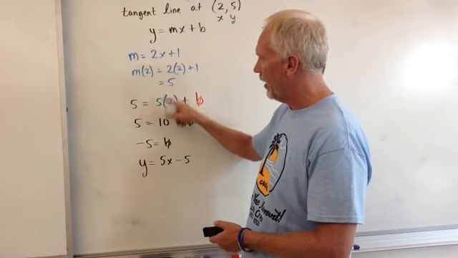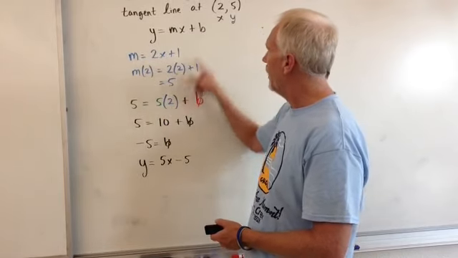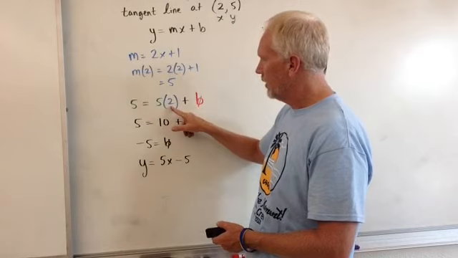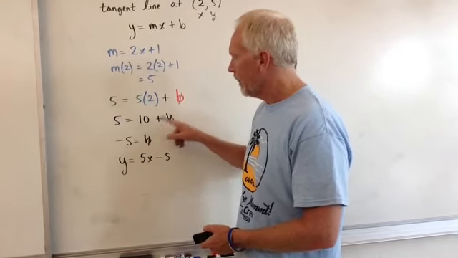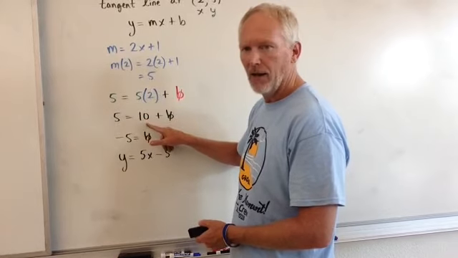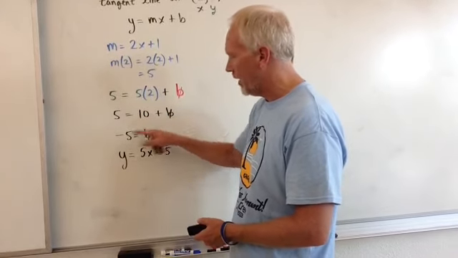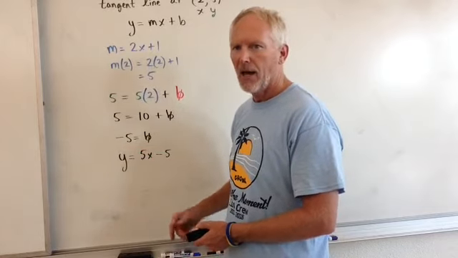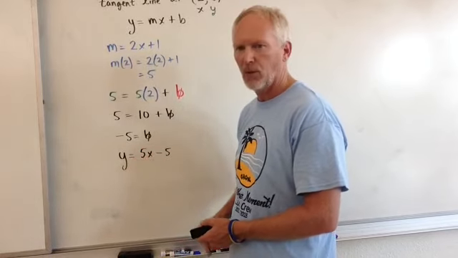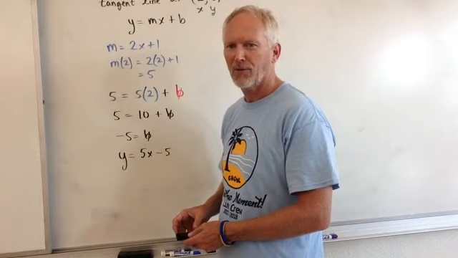M we found was 5. Then we have an x value of 2, and plus our b value, which we don't know. That's what we're trying to find out. 5 is equal to 10 plus b. We subtract 10 from both sides, and we find that b is equal to negative 5. And now we can see that y is equal to 5x minus 5.